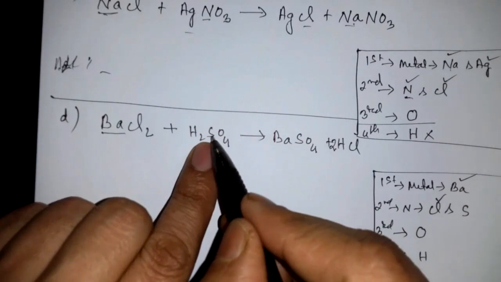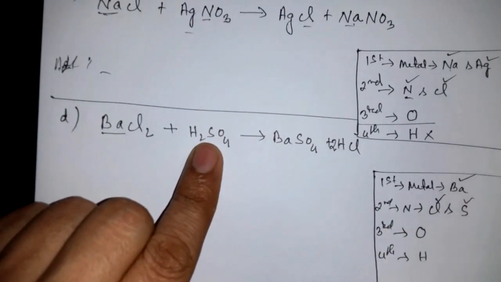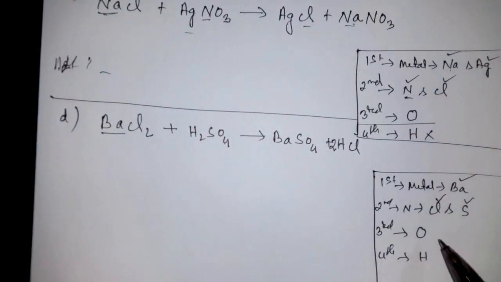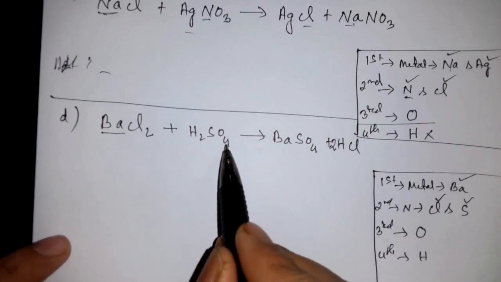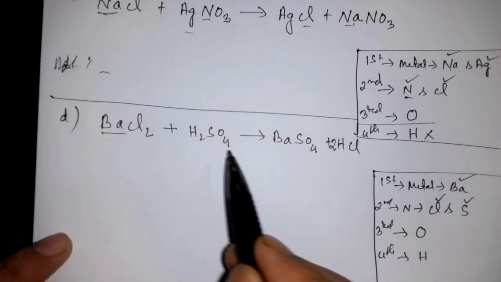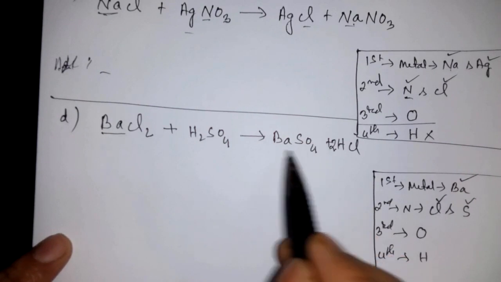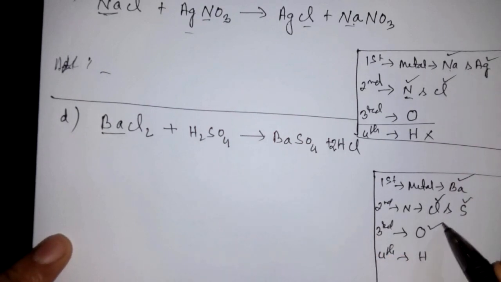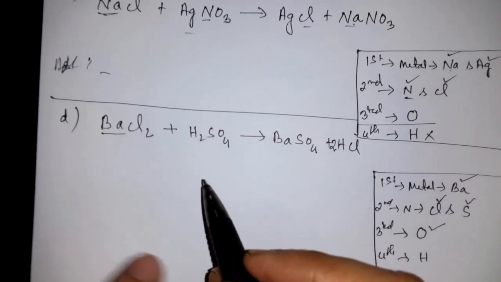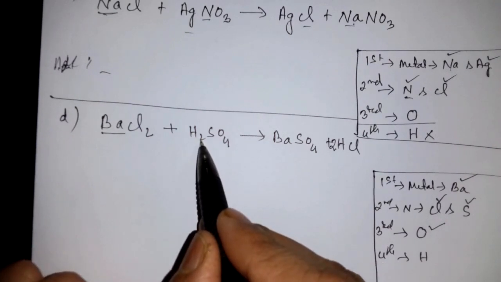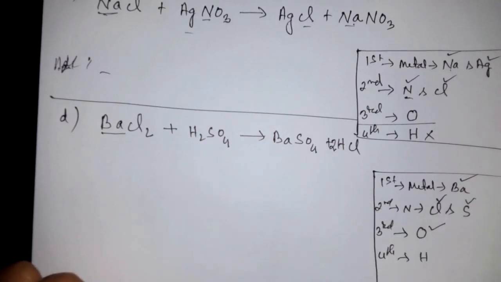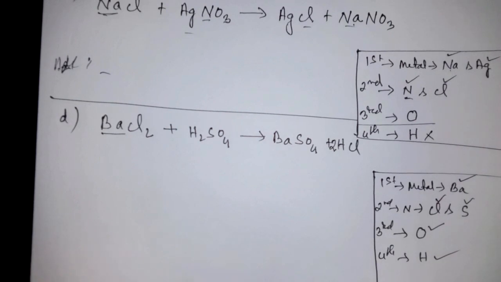This sulfur is 1, this also 1, so sulfur is also balanced. Now oxygen. This oxygen is 4, this oxygen is also 4, so no need for balancing. Hydrogen. This hydrogen is 2, and there this hydrogen is also 2, so no need for balancing.